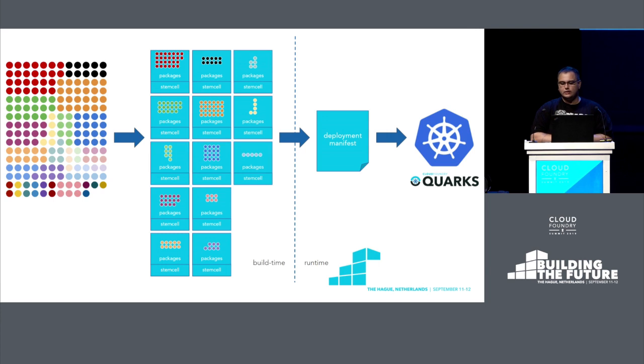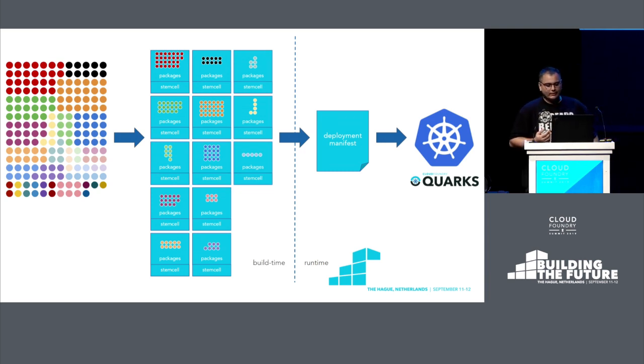So this is where the Kubernetes Operator that's a part of Project Quarks comes in. You'll notice here that each release now has its own Docker image. We build this automatically. Every time there's a new BOSH release, every time there's a new stemcell version, we have pipelines that create these Docker images, version them, and they're ready for anyone to use.